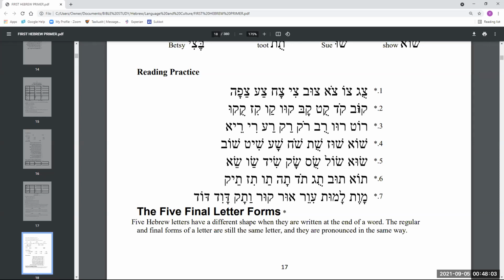The actual name is holem male, but now it's not taking on that wa or the vav. So I see how that can be kind of confusing, but really it's this O class. Forget that it's a vav, because of this holem over it, it becomes a holem male or holem vav, and it has a particular sound.